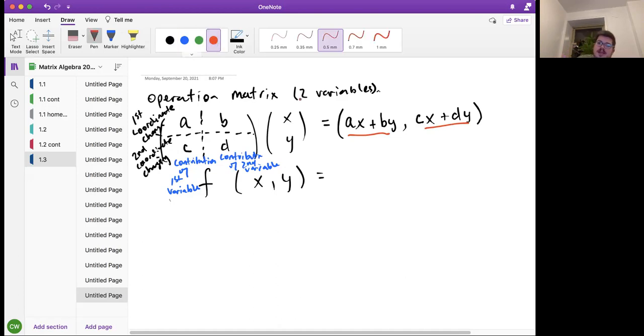So you can think of A, B, C, D as weights of each variable, a certain amount of stretching, shrinking or reflecting in each variable. The dot product comes from matrices. We'll define dot product a lot later in the course, but this looks extremely similar to the dot product because it is the dot product.